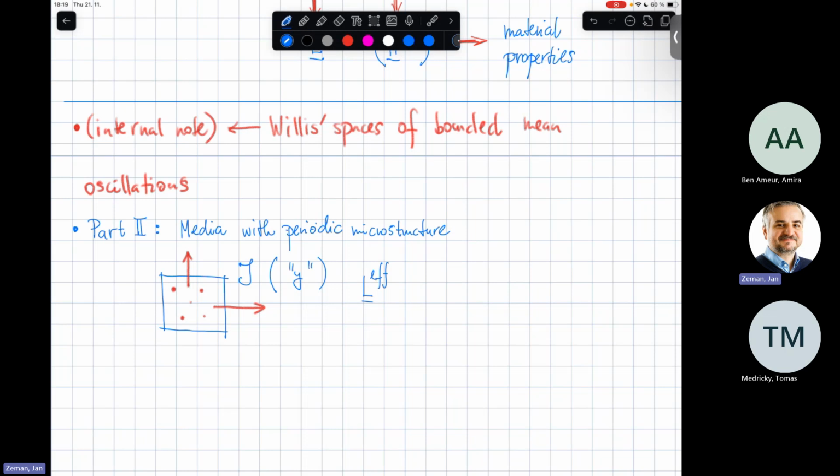And the second option is that I will restrict myself to this periodic case in which, again, there is no boundary, because everything repeats infinitely. I'm just taking this sample and tessellating my space. So this was the suggestion.